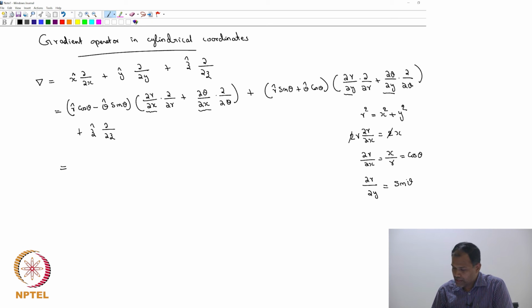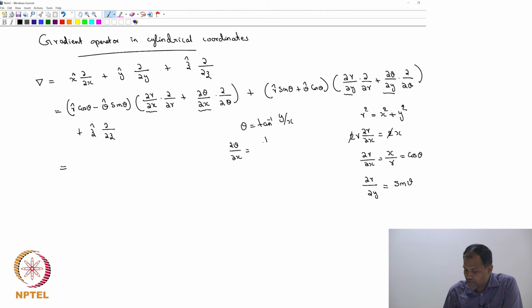Now we need del theta by del x. So let's do it here. Theta is tan inverse y by x. So del theta by del x would be 1 divided by 1 plus y square by x square into y into minus 1 by x square.